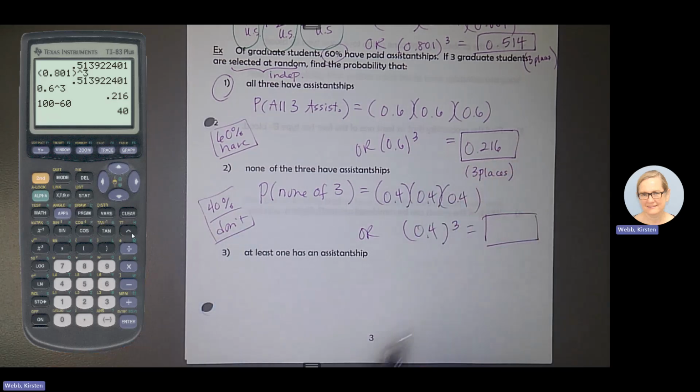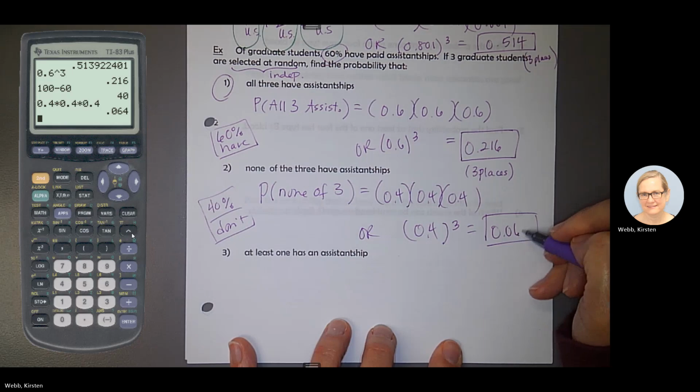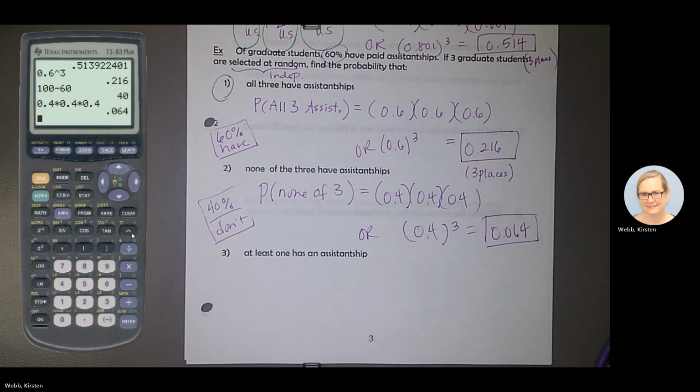So we want to multiply that by itself 3 times. There's an example where we can use the idea of complements to turn around the information and answer kind of the opposite question, like all 3 versus none. Those are the 2 extremes.